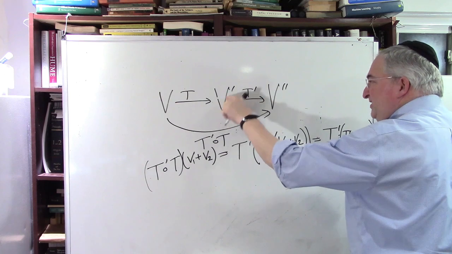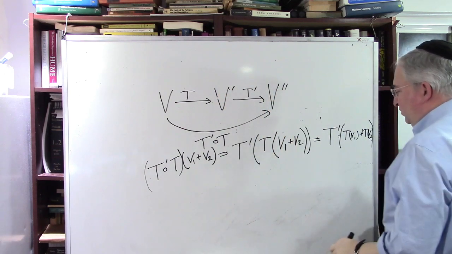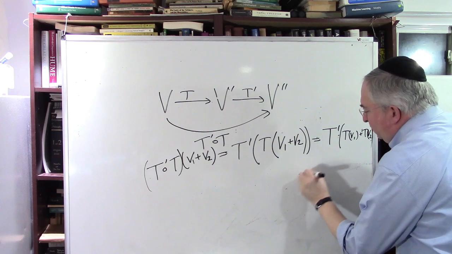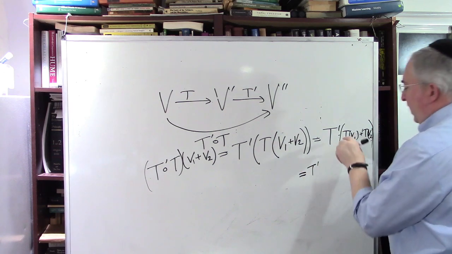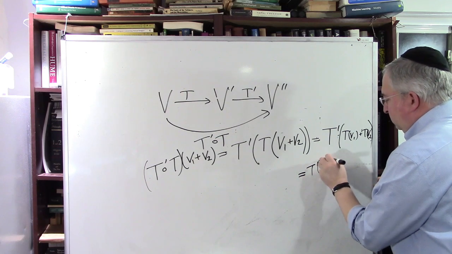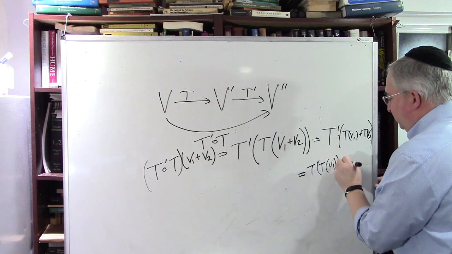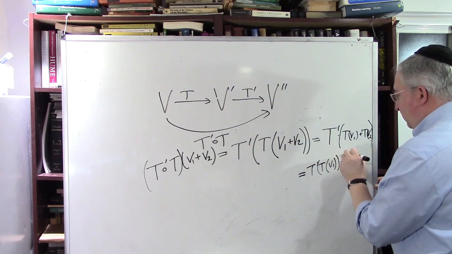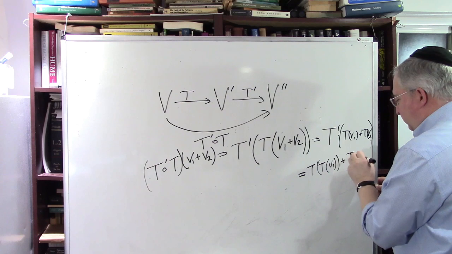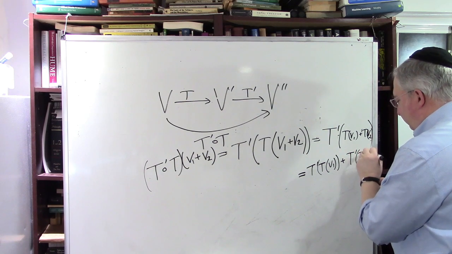Well, it respects the addition here and brings it into the addition here. So this is going to equal T prime of T of v1 plus T prime of T of v2.